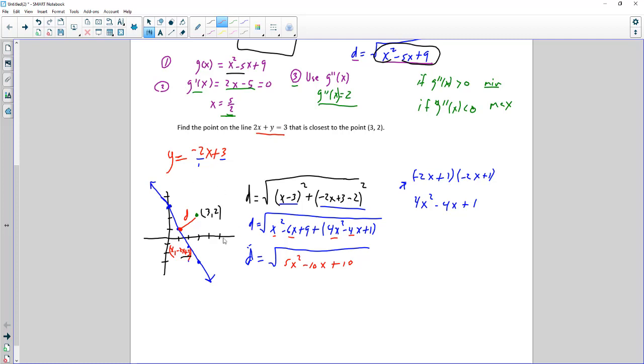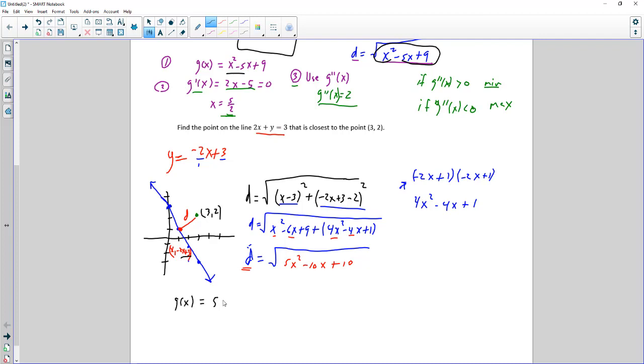So as I said before, you can shorten this distance by minimizing what's inside of the square root. If we can minimize what's inside the square root, that will give you the smallest value for the distance. So as a little trick here, we'll ignore the square root and we'll just make a function of what's inside. We'll call it g of x or something, okay?